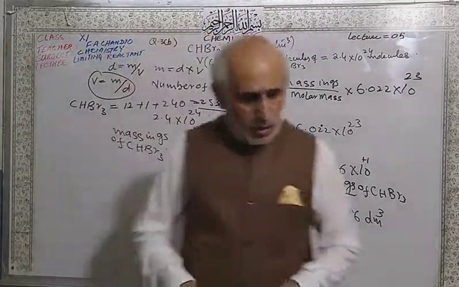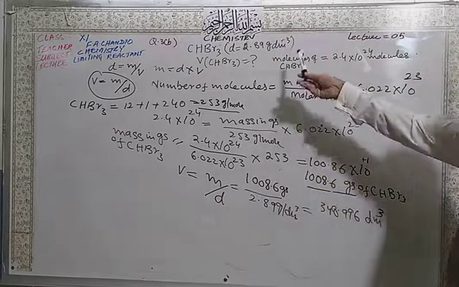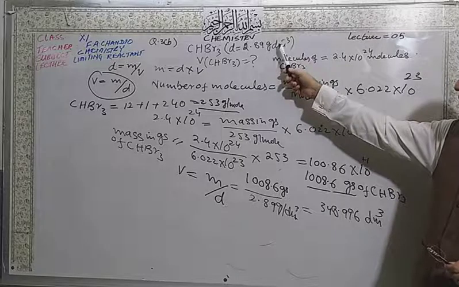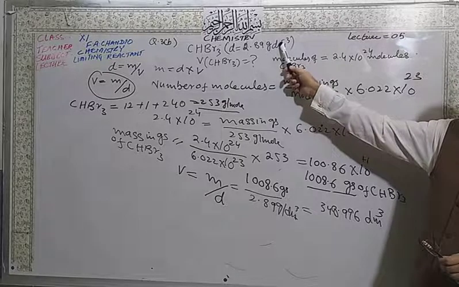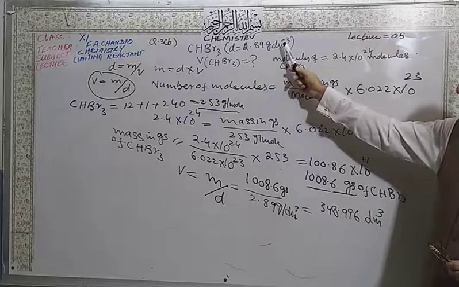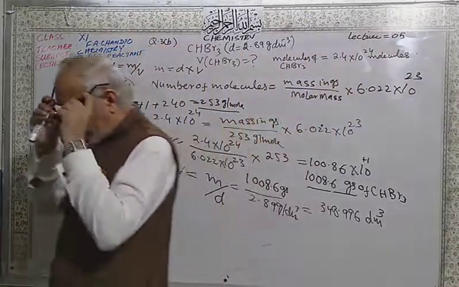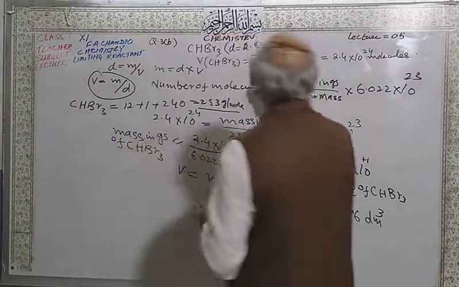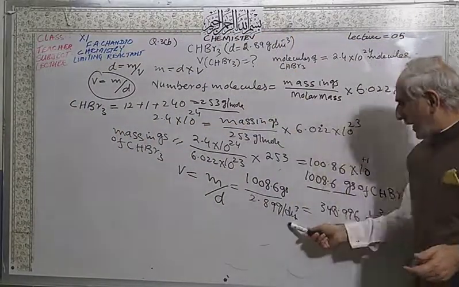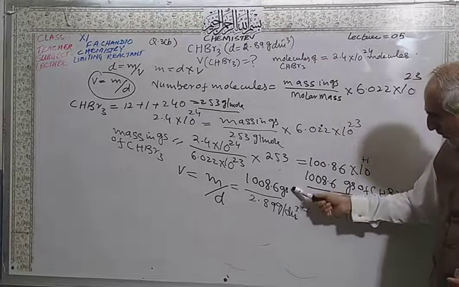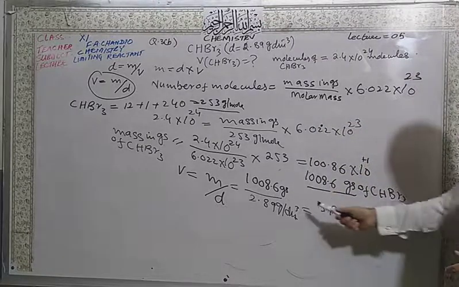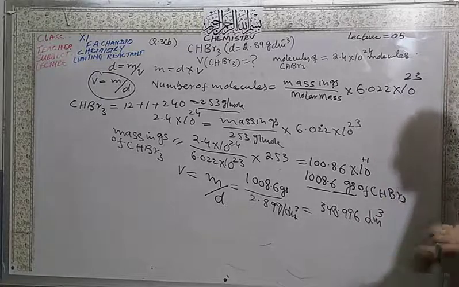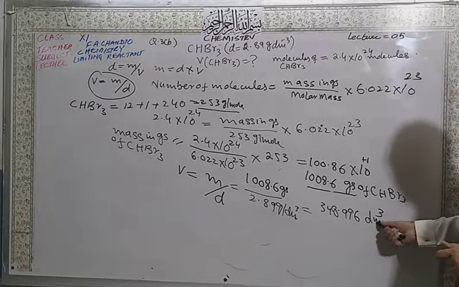This is wrong, because the statement of the question gives the density as grams per decimeter cube, not centimeter cube. Confirm this one. Yes, grams per decimeter cube. So if the density is grams per decimeter cube, then when I put the value here, this decimeter cube goes up, and it makes only decimeter cube, not per. So please correct in your book: instead of centimeter cube, the unit is decimeter cube.